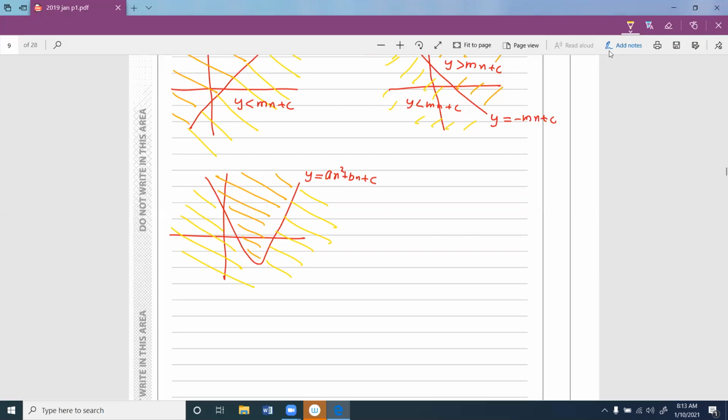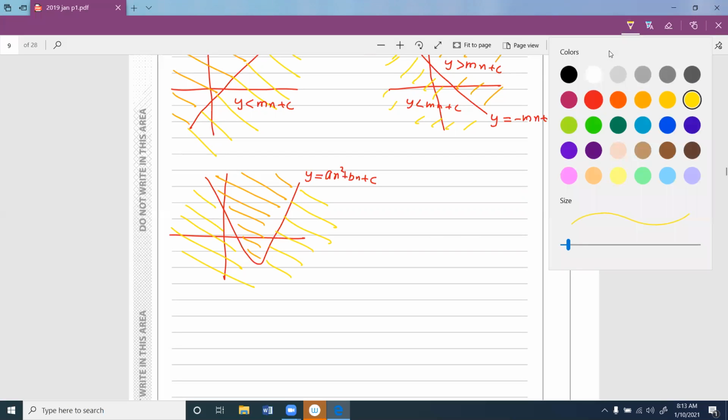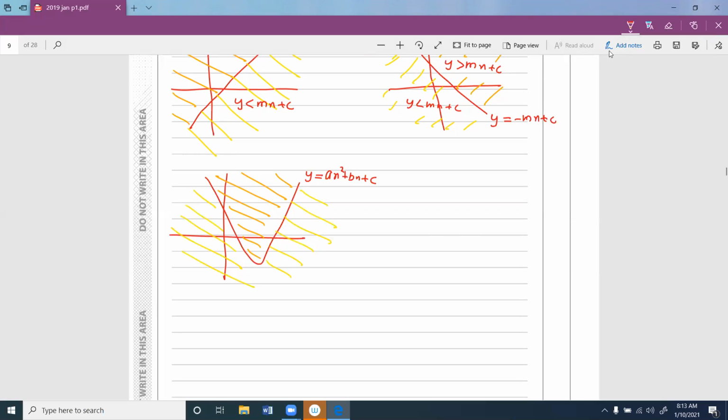This inside area you can write as y is greater than ax squared plus bx plus c. This outside yellow area you can call y is less than ax squared plus bx plus c. This goes the other way around as well.